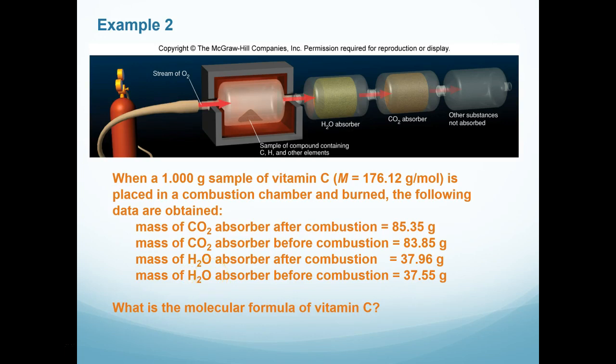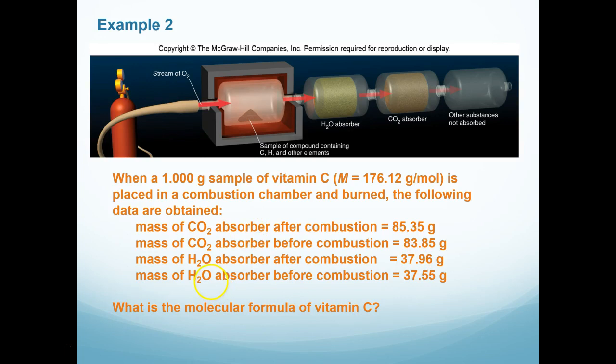Now, if we think about this, our vitamin C formula, I'm telling you, only has carbon, hydrogen, and oxygen in the formula. So what we can do is we can figure out our grams of carbon dioxide, and all of our carbon gets converted to carbon dioxide. So from the grams of carbon dioxide, we can figure out the grams of carbon we originally started with.